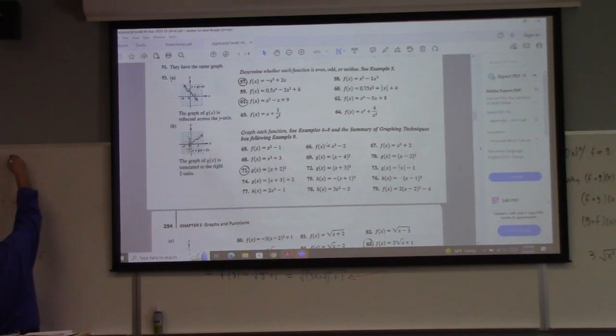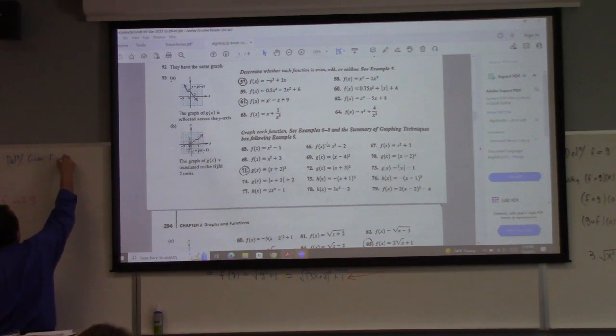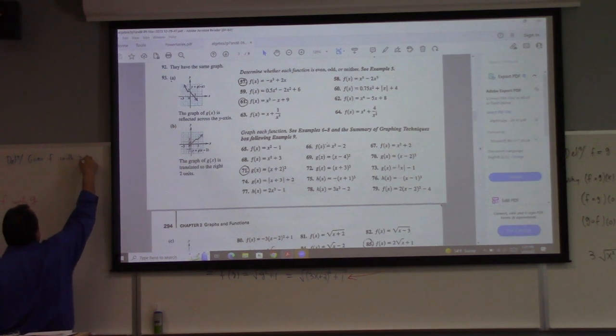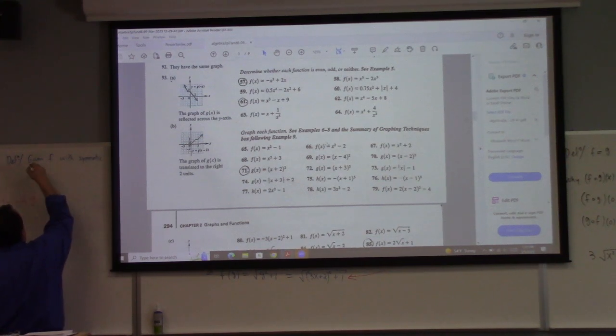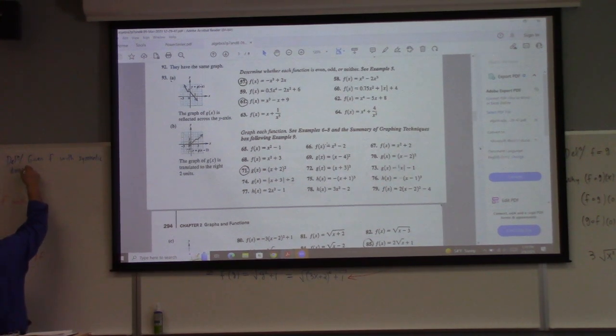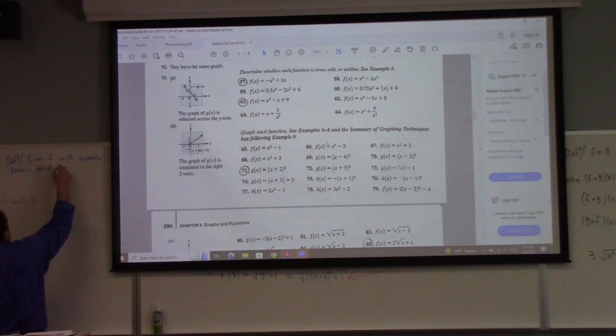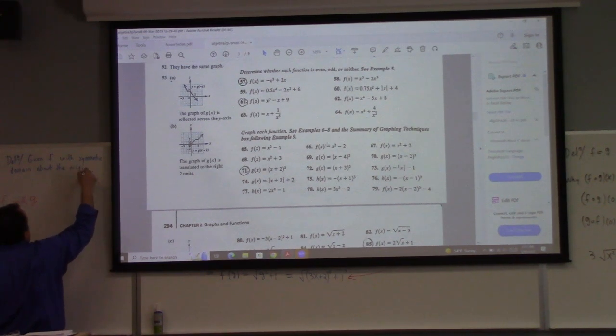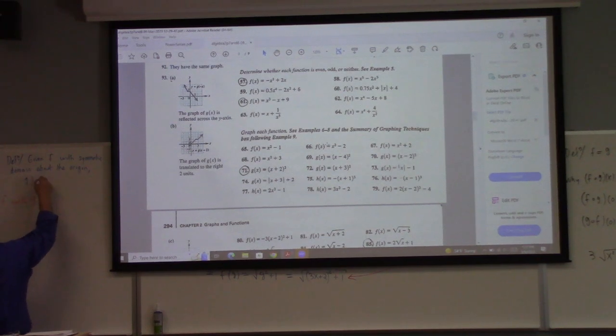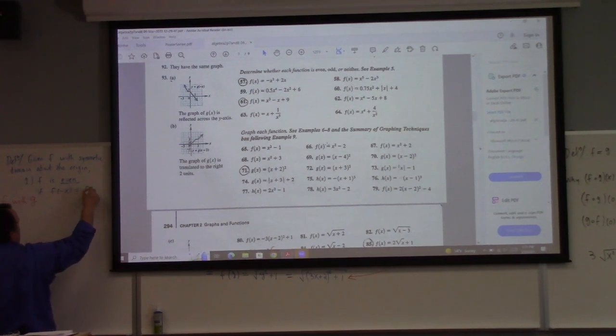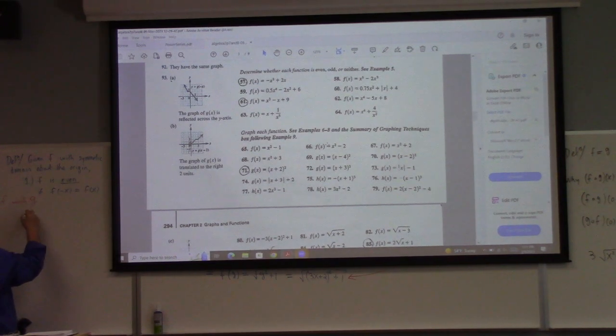So here's one characteristic. Definition: given f with symmetric domain about the origin. Number one, f is even if f of minus x is equal to f of x for all x.